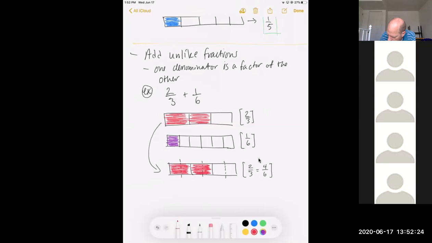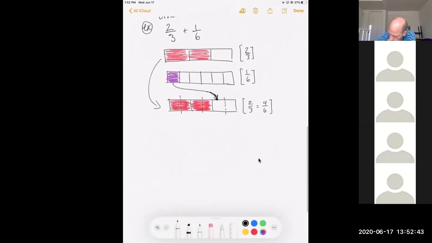When I'm adding together, I'm combining pieces. So we're going to say, okay, this piece is now going to combine with those 4 and be put right there. When I put them together, they'll become 5/6.